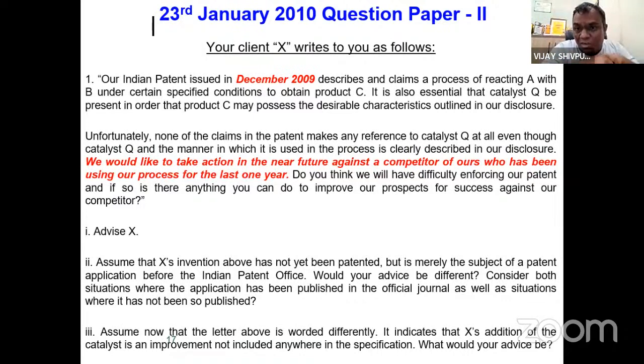Using the process means what? Is it using Q or not? Not that we don't know. What are we presuming? It may reduce the scope of the invention, which is absolutely fine, but it would help you in ensuring that your patent is not revoked, because that is more important.